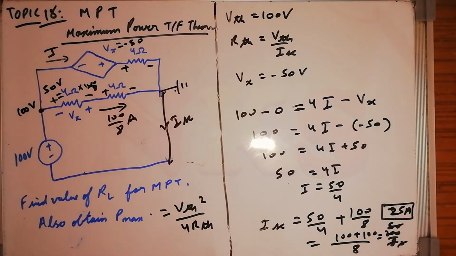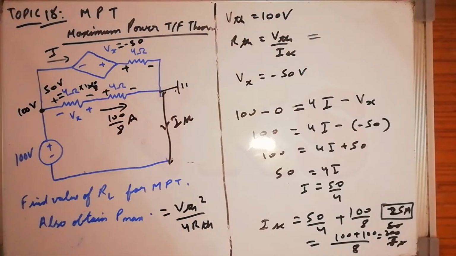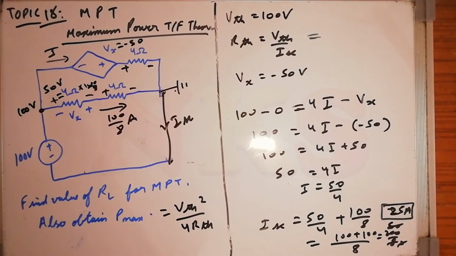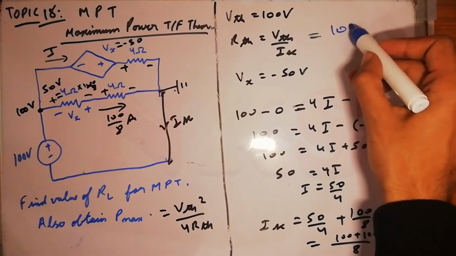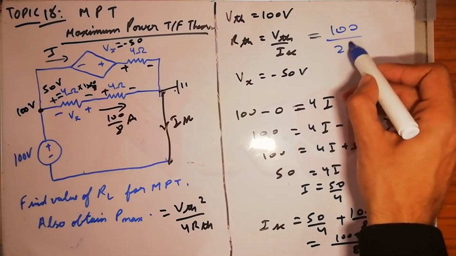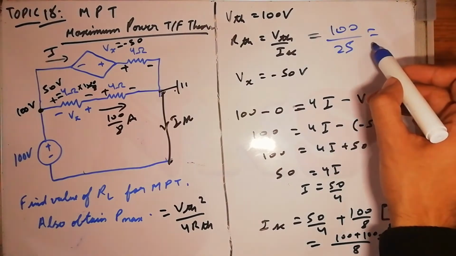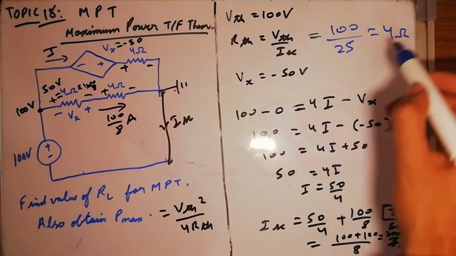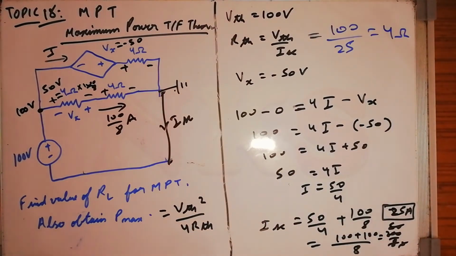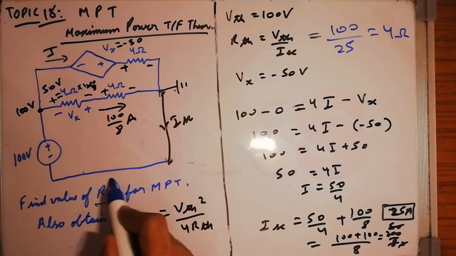So ISC is coming out as 25 amperes. So my RTH will be equal to what? VTH is 100 volts, ISC is 25 amperes, so my RTH will be equal to 100 by 25, 4 ohms. So that's how I have found this RL.